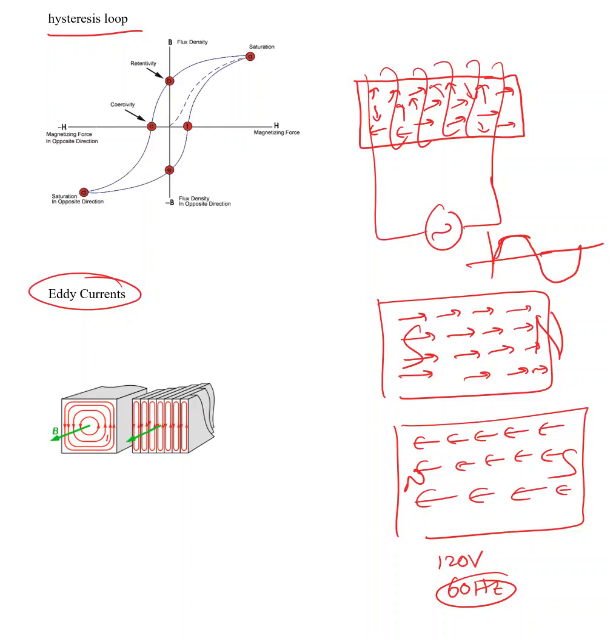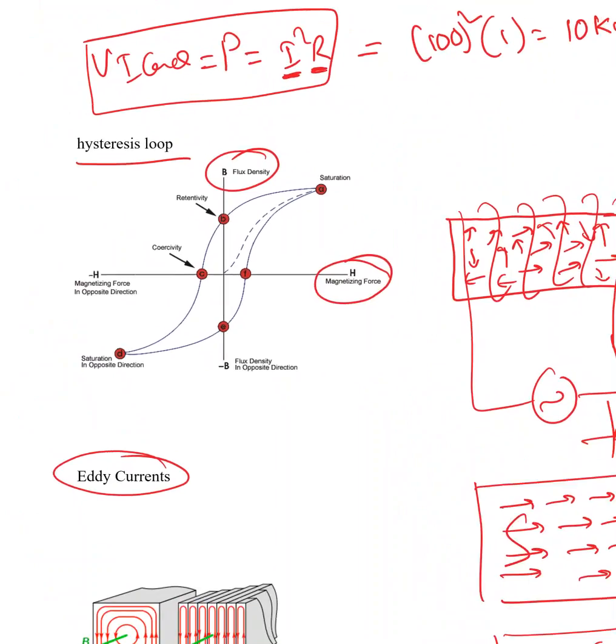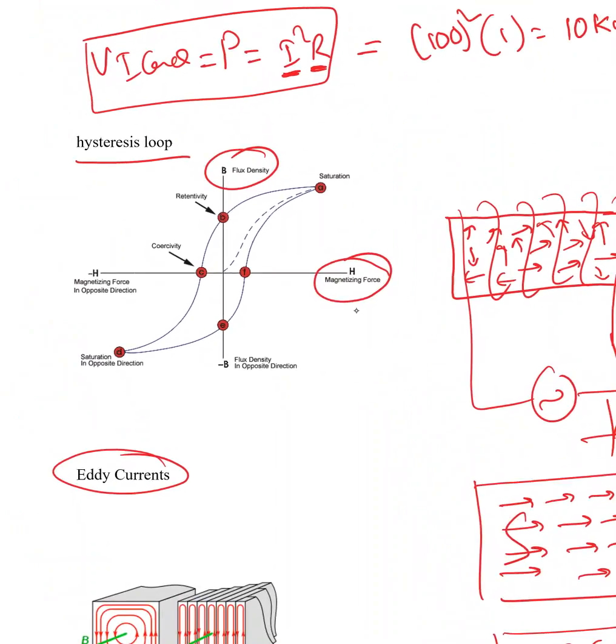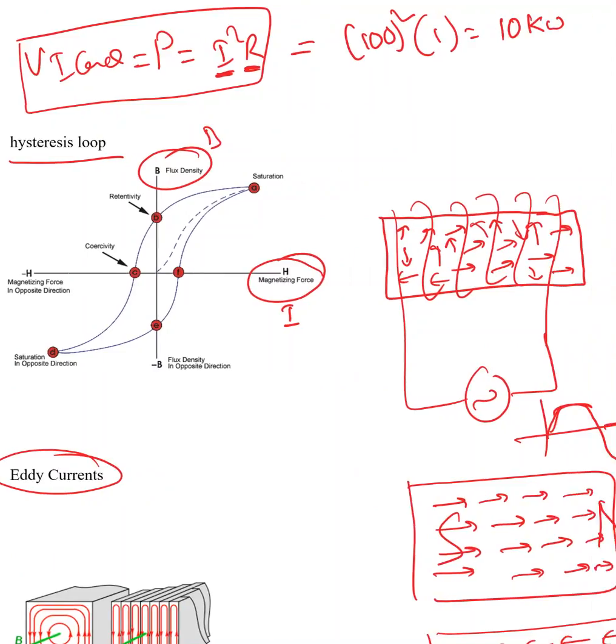Now if you look at this magnetic material, the x-axis is the magnetizing force H, and B indicates the flux density B. This hysteresis loop is also called the BH loop, but I'm going to say BI curve. So I'm going to take the x-axis as current and the y-axis as B, the magnetic field.